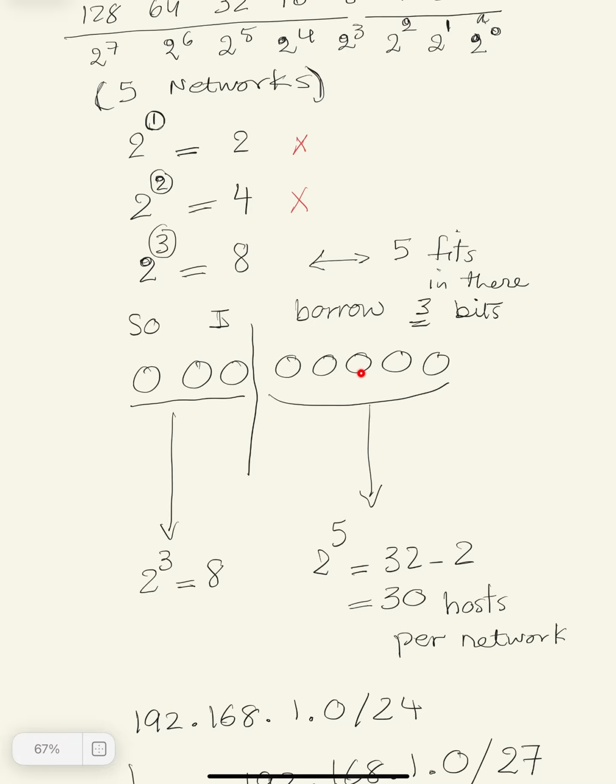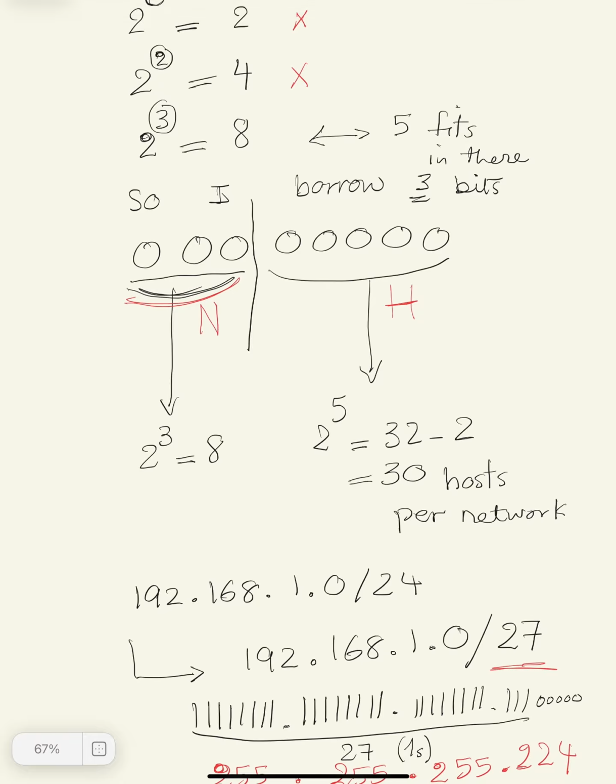So these are the zero parts of the host part. Borrowing 3, I borrow these ones here, and that would be part of my network now, and the rest would be part of my host.